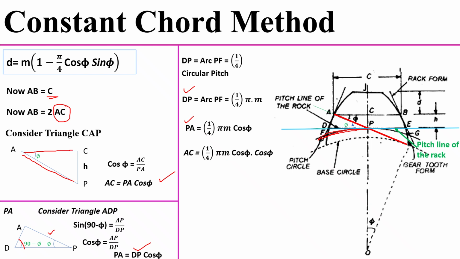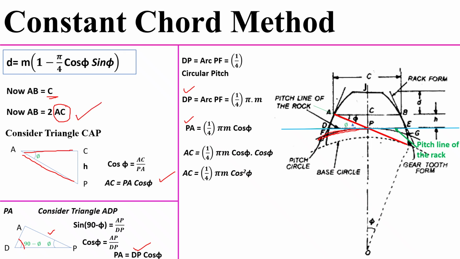Now AC will become PA into cos phi, PA equal to 1 by 4 pi m cos phi. Then AC equal to 1 by 4 pi m cos phi into cos phi. This is cos square phi. Then AC equal to pi m by 4 cos square phi. So we know the AC.